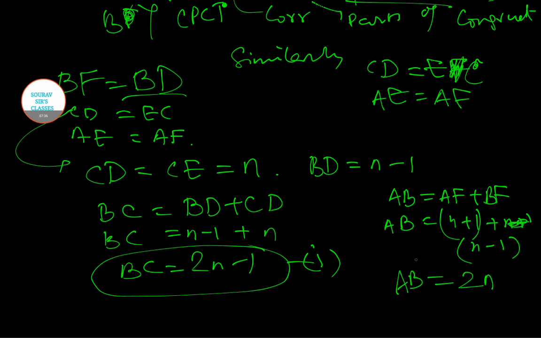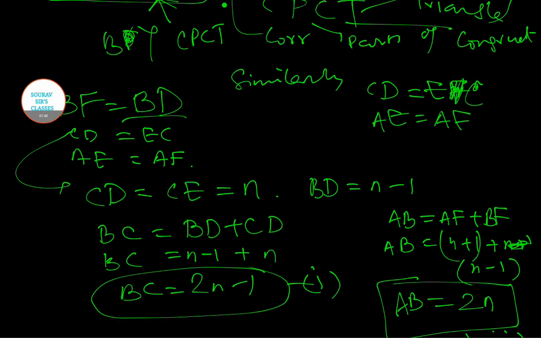So AB equals 2n, and we will call this part 2.